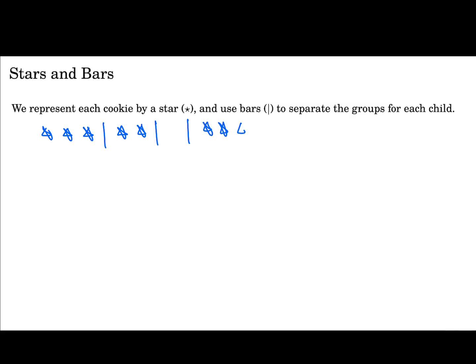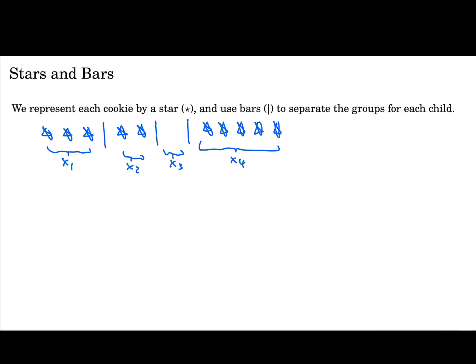So this corresponds to x1, which is 3 cookies for child 1. This corresponds to 2 cookies for child 2. This corresponds to 0 cookies for child 3. And this corresponds to 5 cookies for child 4.